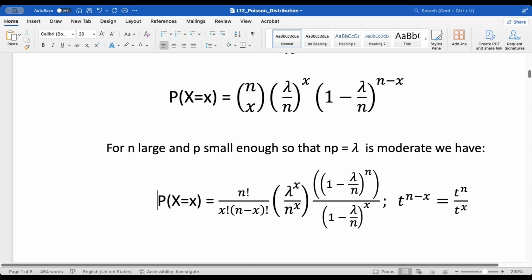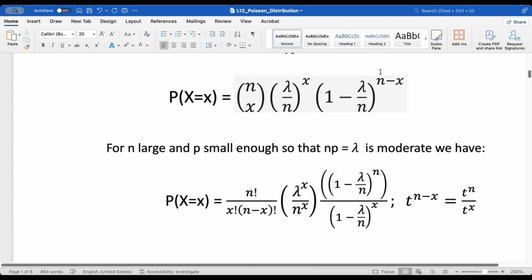All right, sorry about that. Let's just line that up again. So again, this last piece here, power n minus x, it's the same as the expression to the power n divided by the power x.